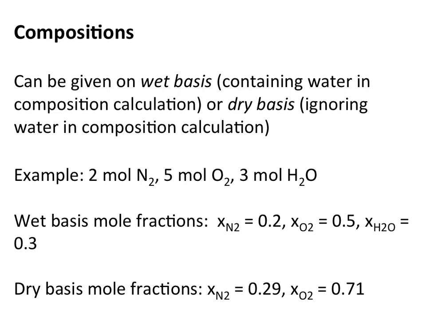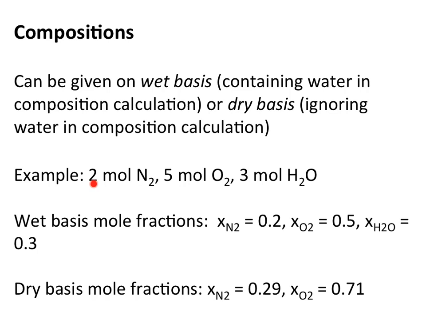So for instance, if I have 2 moles of nitrogen, 5 moles of oxygen, 3 moles of water, and I wanted to know the composition on a wet basis, that would just be taking into account all 3 components. So this all adds up to 10 moles right here.